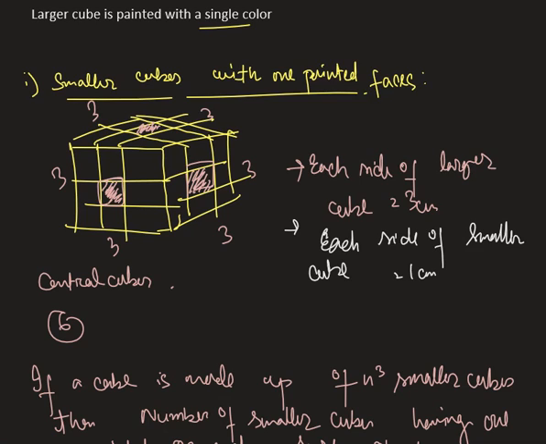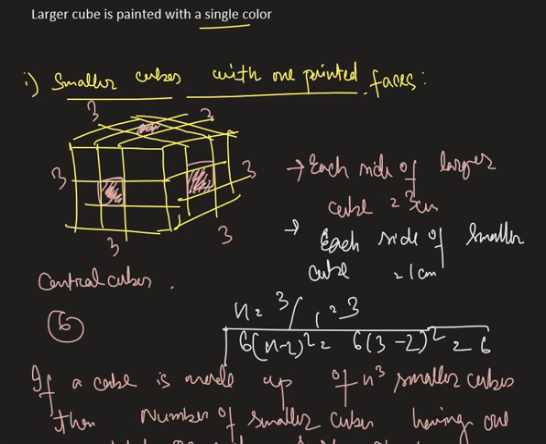Therefore here n is equal to the side of the larger cube, that is 3, divided by the side of the smaller cube, that is 1. Therefore n equals 3. Therefore the number of smaller cubes having one surface painted is 6 into (3 minus 2) whole square, which is equal to 6. So there are a total of 6 smaller cubes which have one side painted.